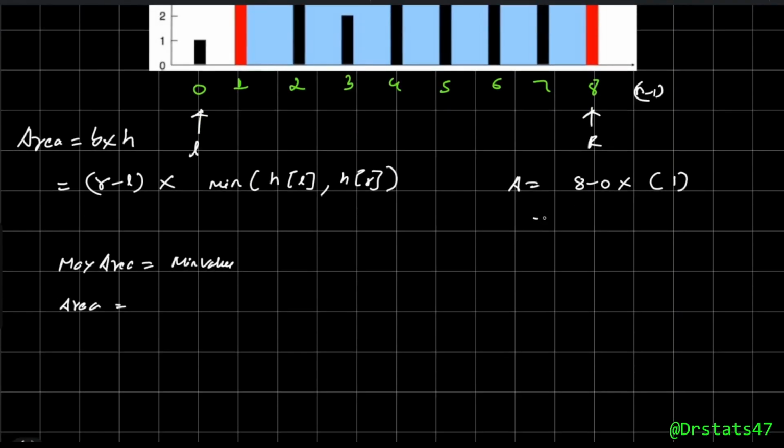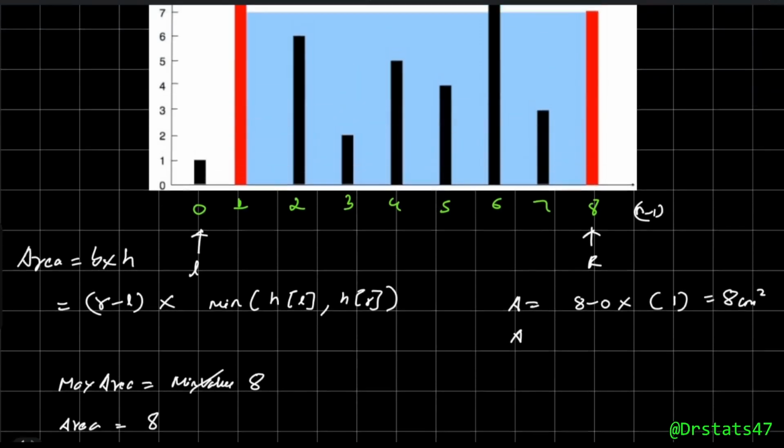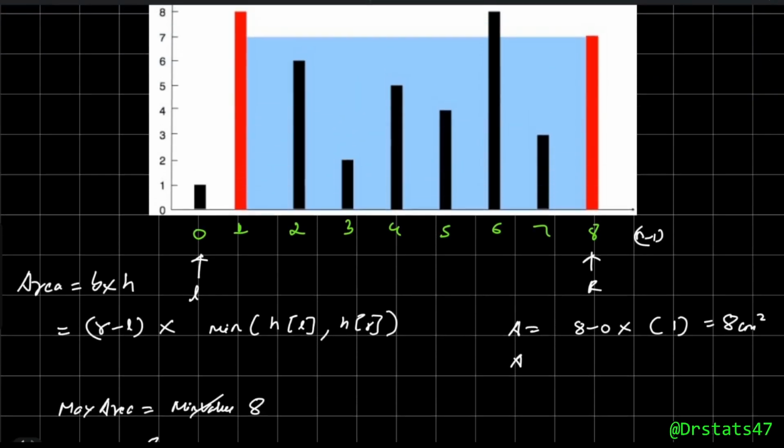Minimum is 1. 8 into 1 is equal to 8. So here the area is 8 centimeter square. Our max area will be updated to 8.